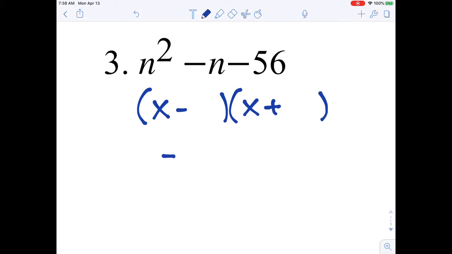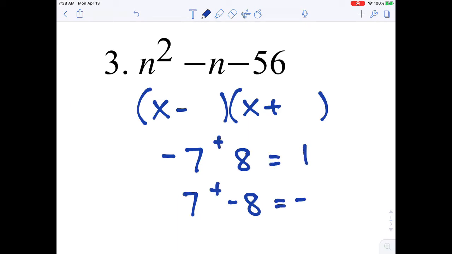So let's try negative 7 and 8, and positive 7, negative 8. When I add these together, here I get 1, here I get negative 1. So it's x minus 8, x plus 7.